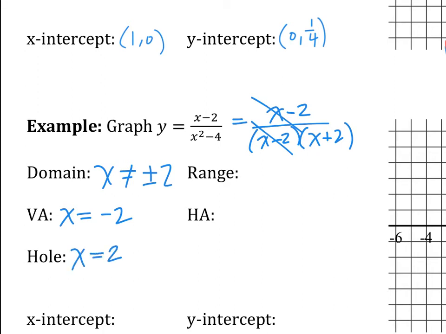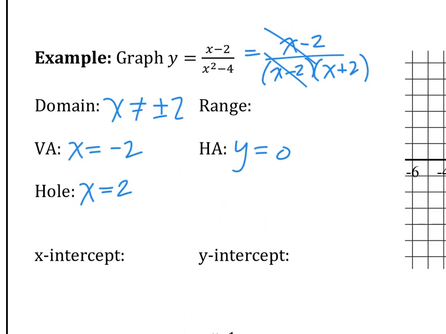And I said today that we are going to find the y portion of this hole. So we're going to do that. Where is the horizontal asymptote? y equals 0. The degree on the top is smaller than the degree on the bottom. X-intercept. Where's the x-intercept? None, because of the hole. Y-intercept.